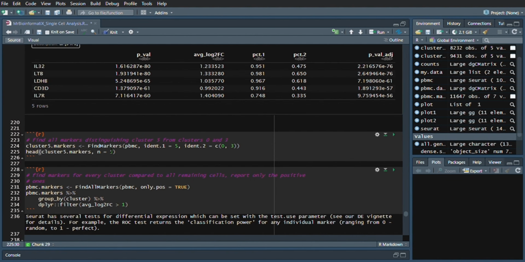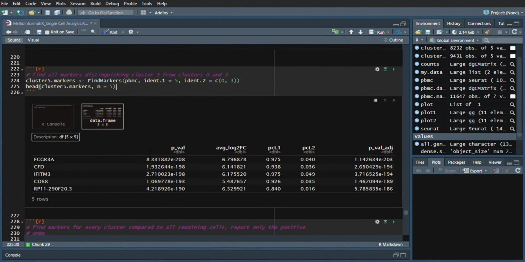For ident.1 equal 5, this specifies that cluster 5 is the group of interest. We want to find genes that are specifically expressed in cluster 5. And for ident.2 equal c(0, 3), this specifies that the comparison group includes cells from clusters 0 and 3. Essentially, the function will compare the expression levels in cluster 5 with the combined expression levels from clusters 0 and 3. Let's run our code.